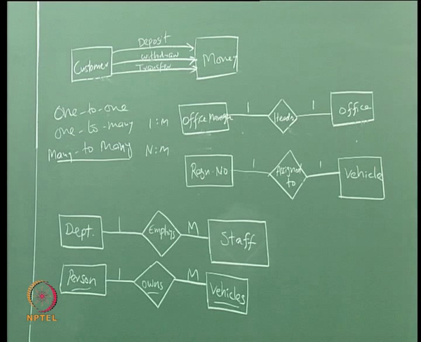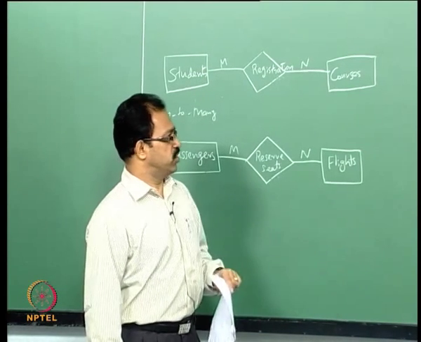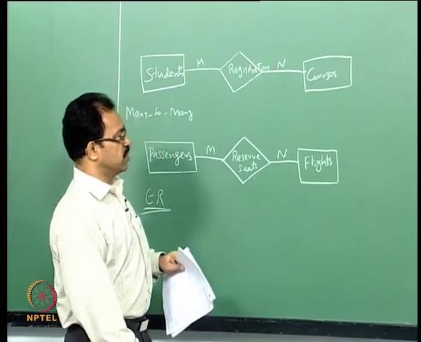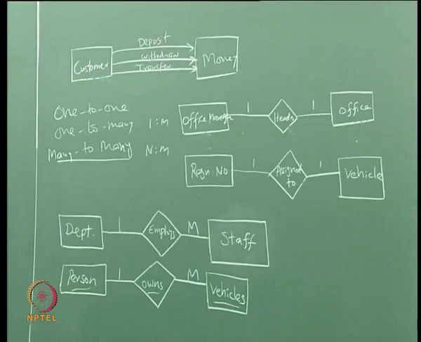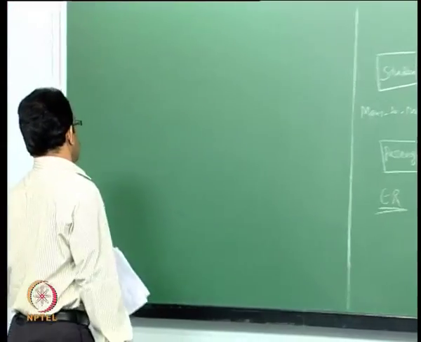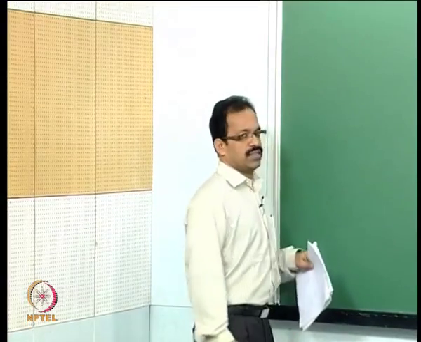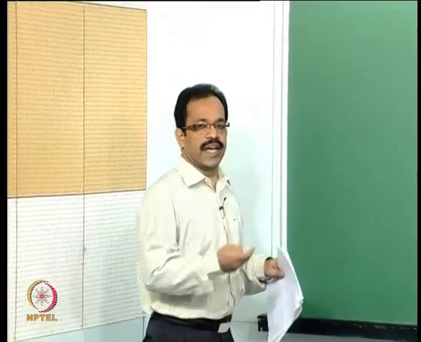Now, if I combine the 1 to n and n to m relationships, I can show a simple example of how we combine these things to make a scenario. Take the example of a salesman. Nowadays you can see a lot of salesmen come directly to houses and do direct selling.